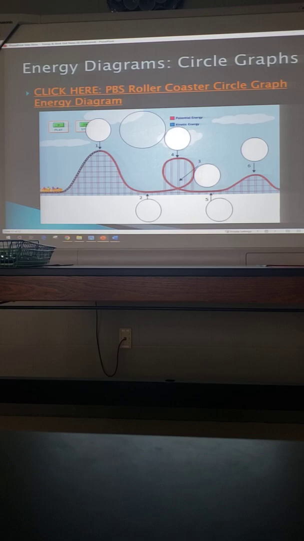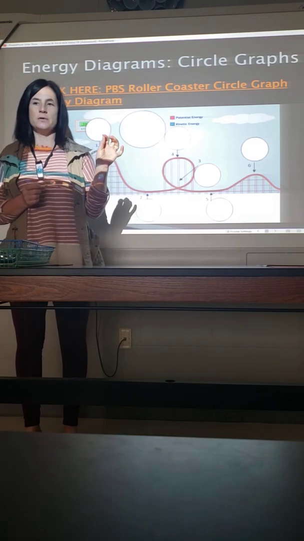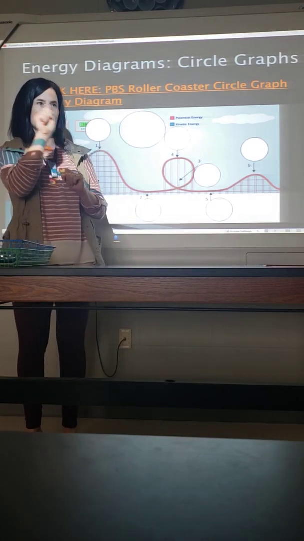Okay, so have your 2 colors. First thing I want you to do, when you get your colors chosen, you have a little box in the bottom right-hand corner. It says PE equals and KE equals. I want you to put the color that you're gonna use for the PE and just put a line, like you can color it with it.